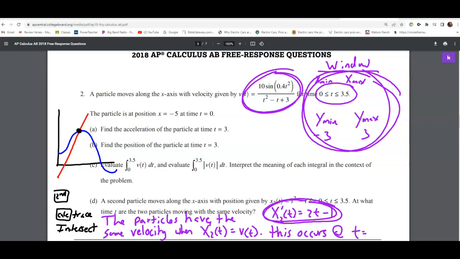After that, you're going to scroll your cursor to where they are intersecting, and then you push enter 3 times. And I'm getting 1.571. And there you go. So, there you guys have it. That's how we can find when those velocities are the same.